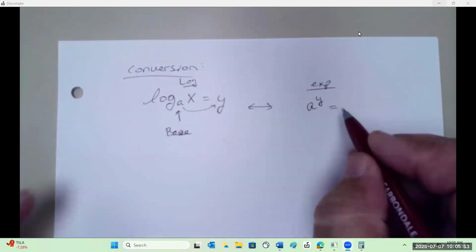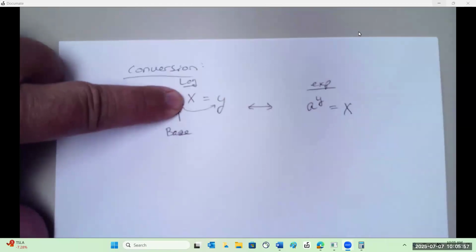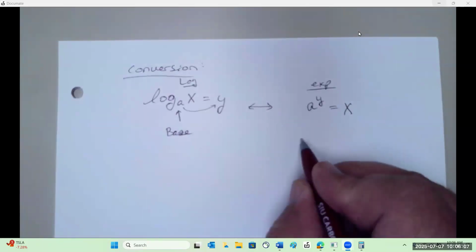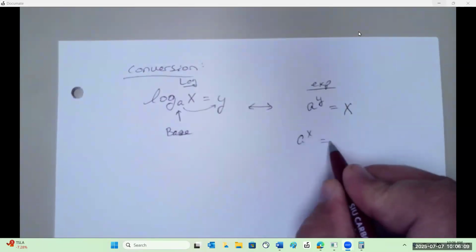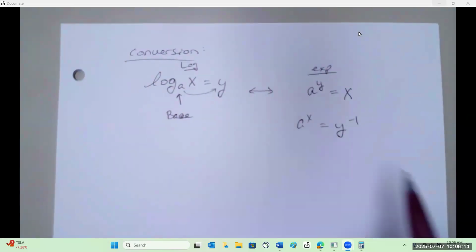When the base is gone, all you're left with is x. And you switch x and y, and that's when it becomes the inverse. So there's the conversion between the exponentials and logarithmic.